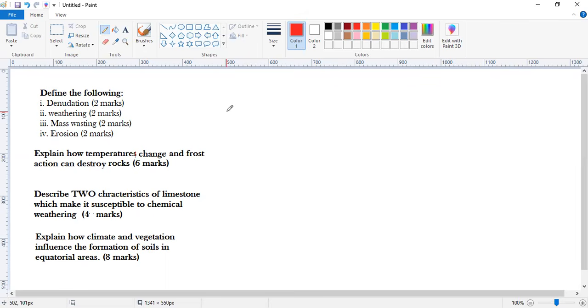Notice that 2 processes are mentioned, and notice that you are being awarded 6 marks for answering the question.